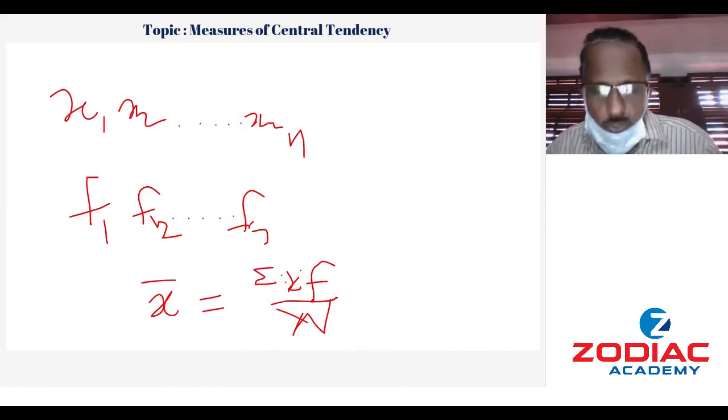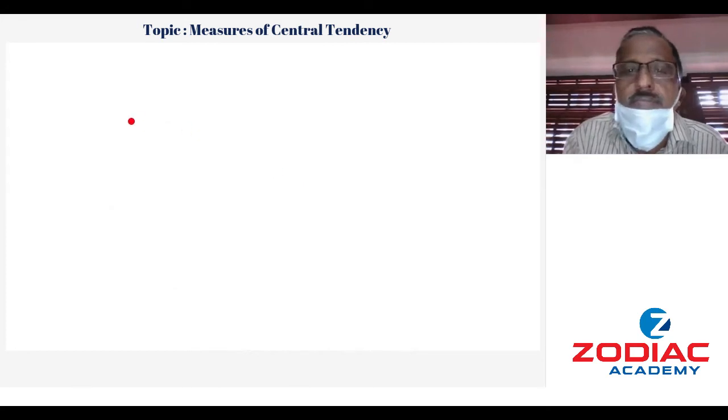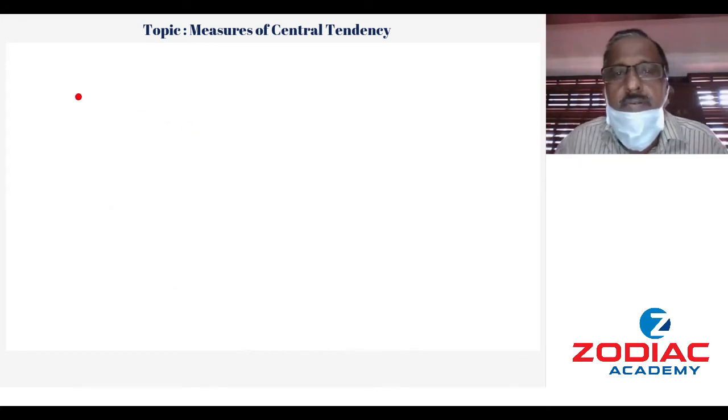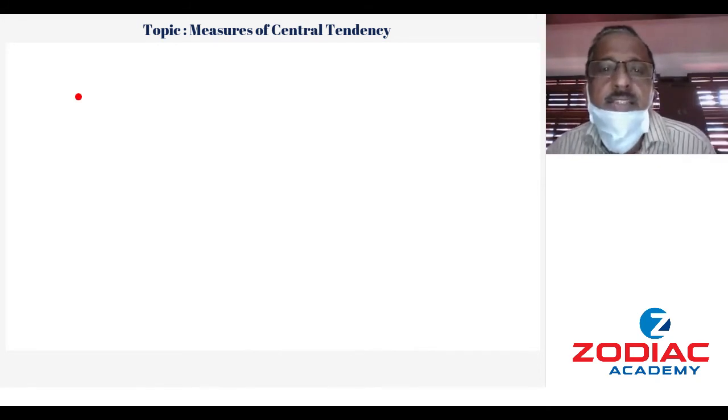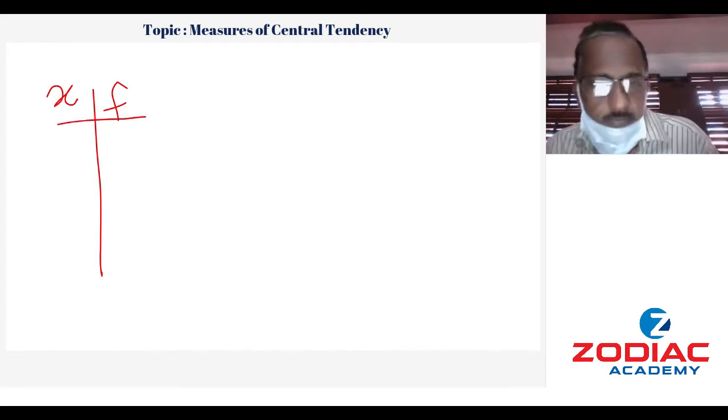So we can present an example. Suppose x and f are given. In the formula, x takes the values x1, x2, x3, etc. xn, and f, the frequency, takes the values f1, f2, f3, etc. fn.